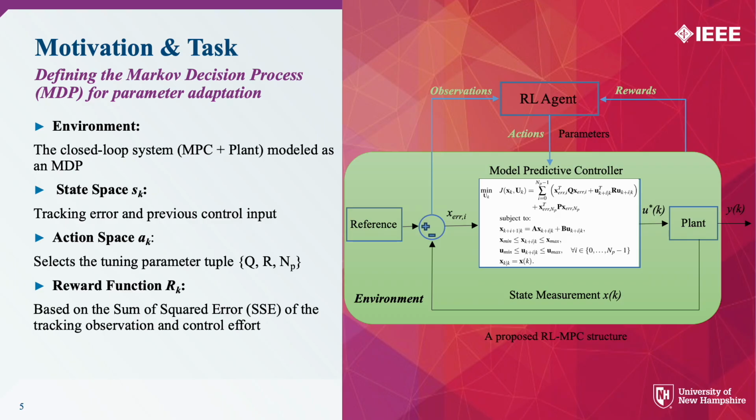We usually normalize R to isolate the state penalty Q and the prediction horizon NP as the primary drivers of the system's aggressiveness and foresight. Finally, our reward function is a tiered structure that penalizes high tracking errors and excessive control effort, guiding the agent toward better efficiency.